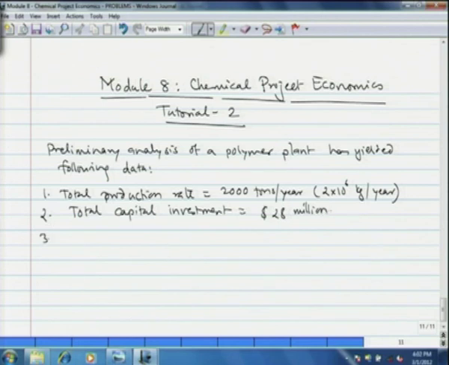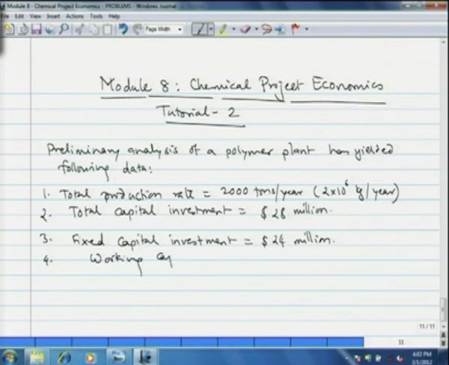Fixed capital investment is $24 million. Then the working capital, $4 million.